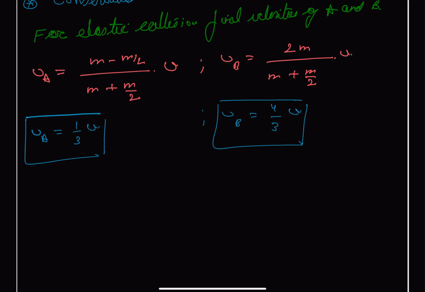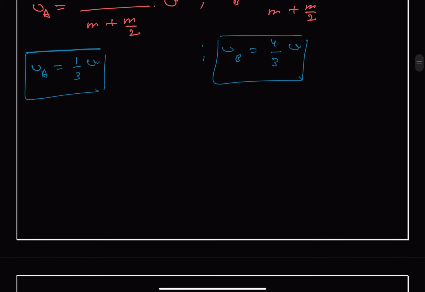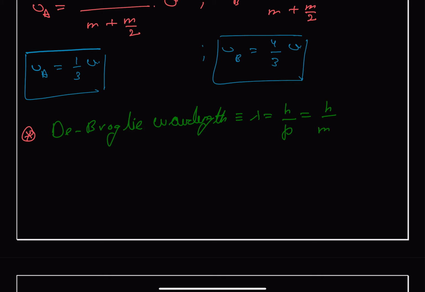Now we can just use our de Broglie wavelength formula in terms of momentum, which gives us a relationship with the velocity. The de Broglie wavelength lambda is equal to h upon p, or h upon mass times velocity.